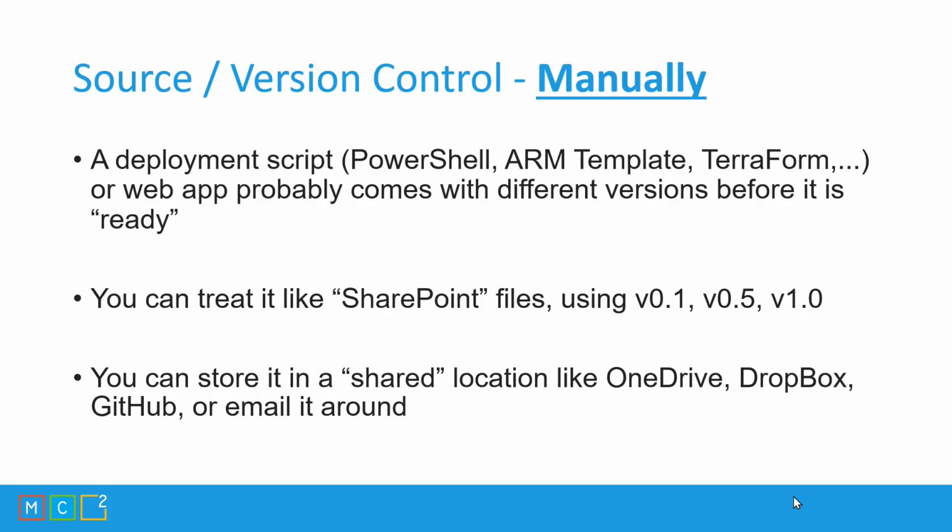So just to refresh your memory a little bit, and obviously this is what you most probably do on a day-to-day basis. Without anything DevOps related, this is how we work today. Around source control or version control, in a more traditional manual way, it means that you're going to create your deployment script like PowerShell, ARM templates, Terraform templates, or even full web applications, and you probably keep track of the versions yourself.